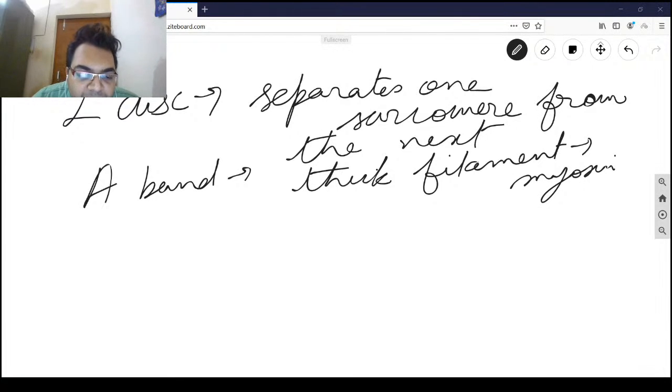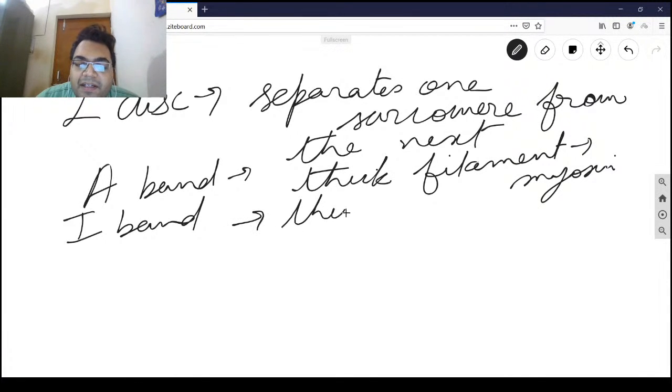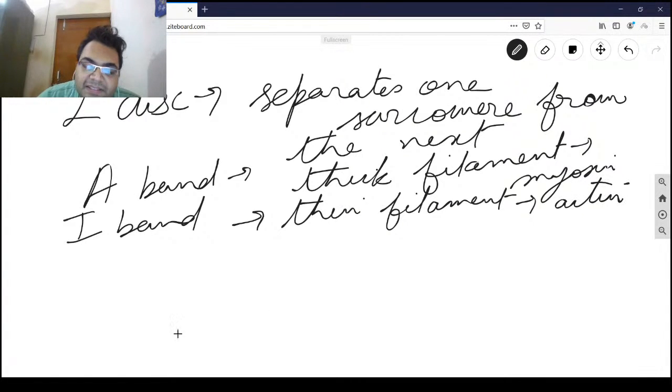Now coming to our special I band. The I band is the lighter, less dense region. It contains only thin filament, no thick filament. Thin filament means actin fibers, F actins.